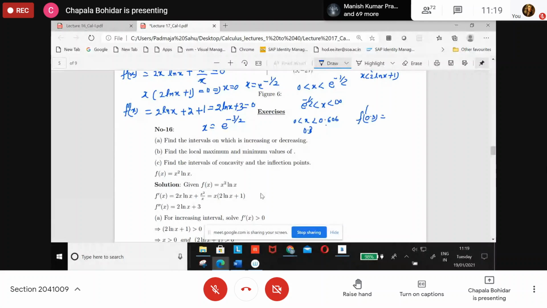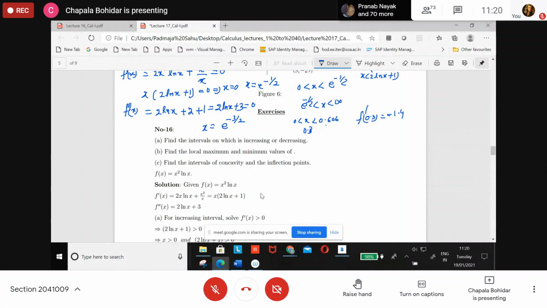My answer is minus 1.407. Are you getting your answer in degrees or radians? Radians, ma'am. Okay, minus 1.4. We are getting it is negative. All of you got this value, f dash of 0.3.